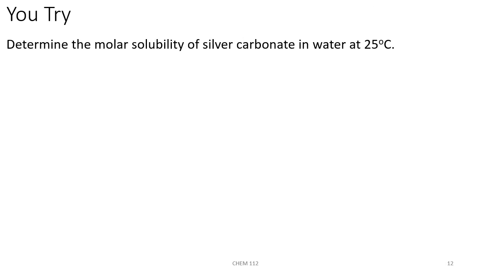Let's try another example. Determine the molar solubility of silver carbonate in water at 25 degrees Celsius. Silver carbonate is Ag2CO3. That's going to be our solid salt. It'll break up into 2 moles of aqueous silver ions and 1 mole of aqueous carbonate anions.